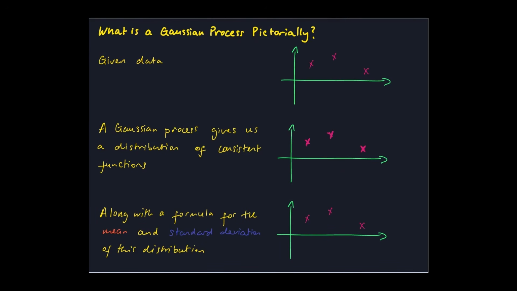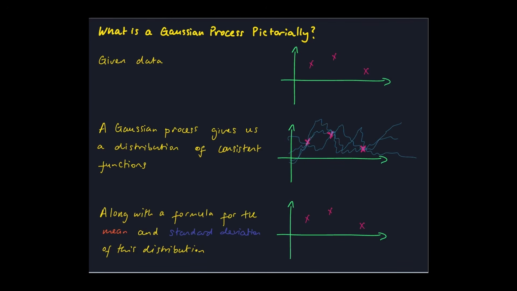Okay, let's see. Now I'm going to introduce slightly more formally what a Gaussian process actually is. This is just a recap of what we just talked about. Basically, if we have some data, we can think about sampling lots of random functions that are consistent with the data, and we can get this distribution.